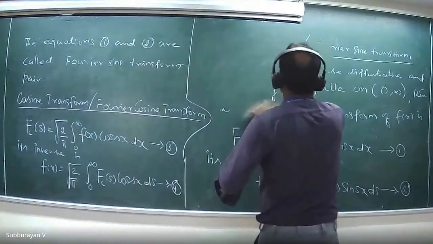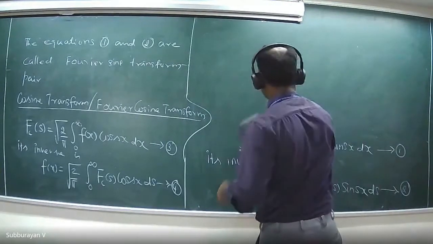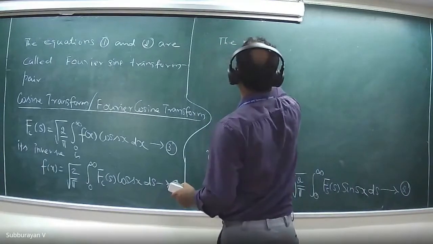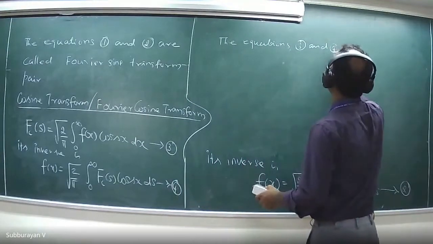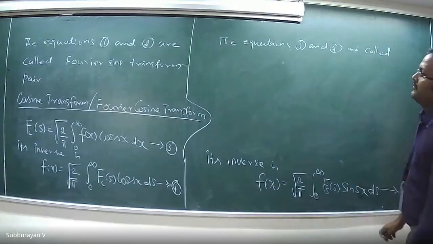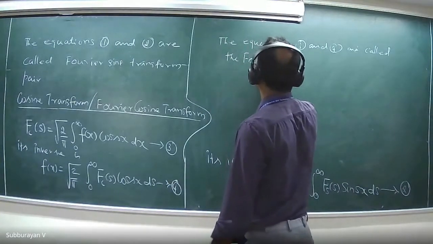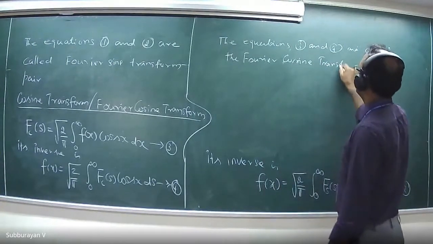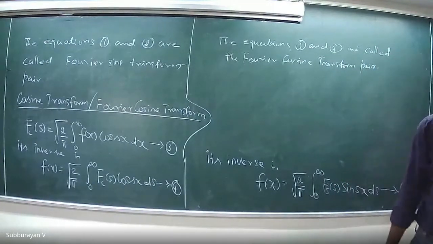Now the equations 3 and 4 are called the Fourier cosine transform pair. Okay.